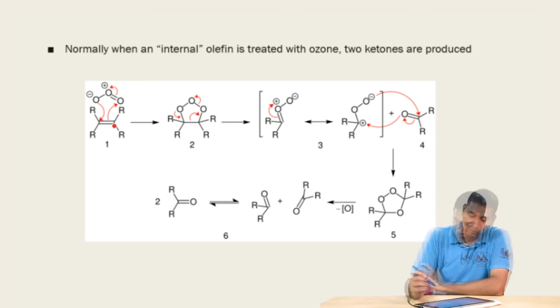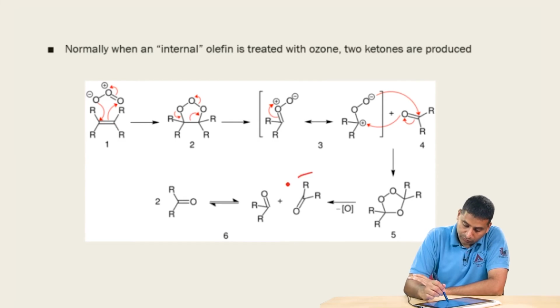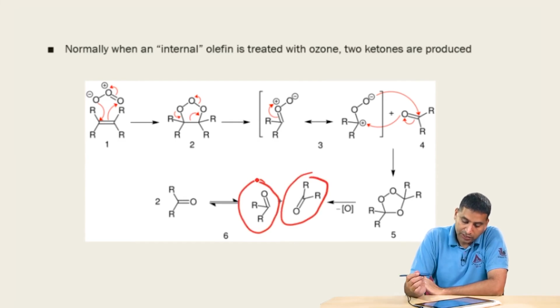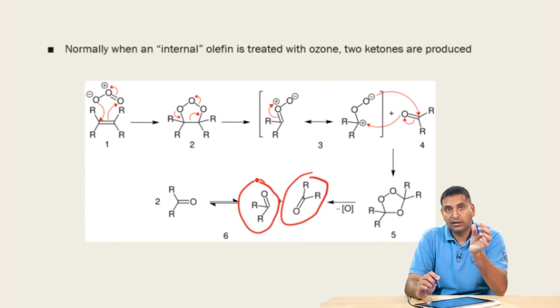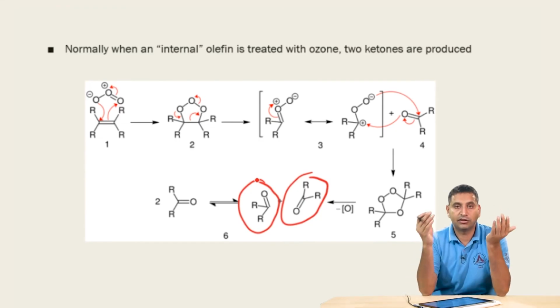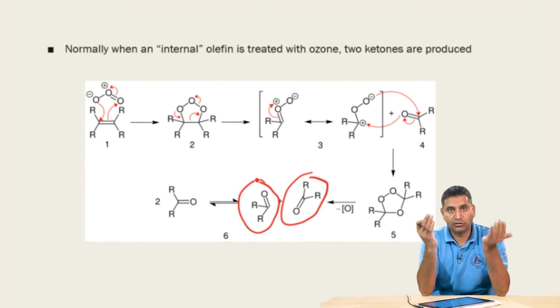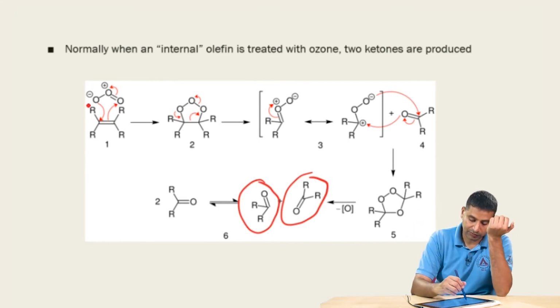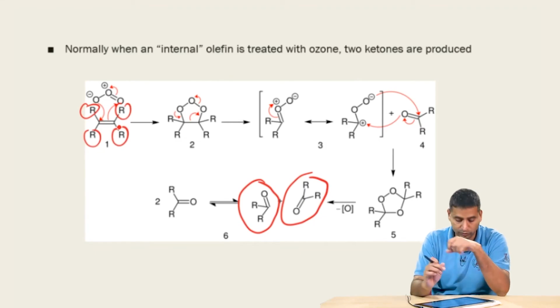Okay. So, it forms ozonide, which then gives you in this case 2 ketones. Okay. So, keep in mind that this is an internal olefin. Internal olefin means that there are substituents on both sides of the olefin. So, you have R as a substituent here and it gives you 2 ketones.